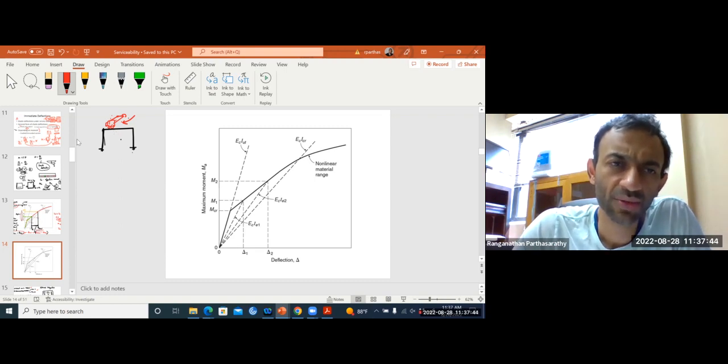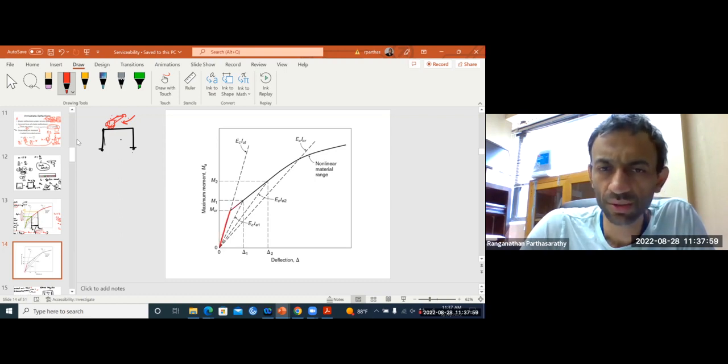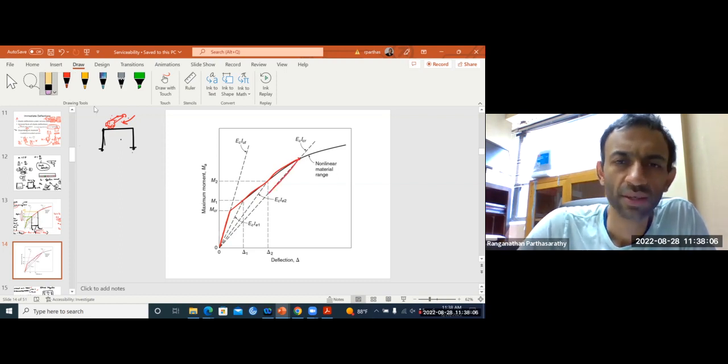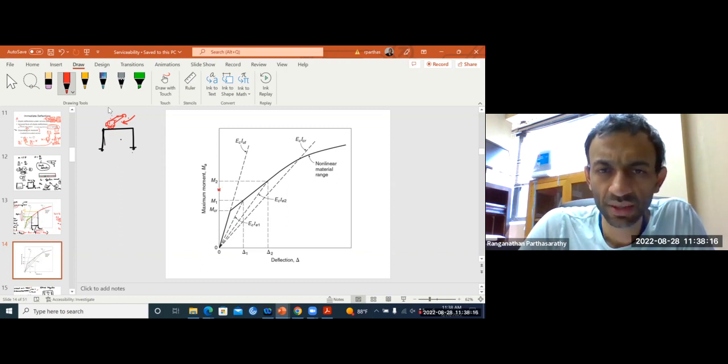Now, when the structure was ready, this construction equipment was already there. That means during the load history of this structure, at some point of time, it already went to some faraway place and then came back. Okay, let me draw it again. Suppose this point is the instantaneous deflection due to dead load.